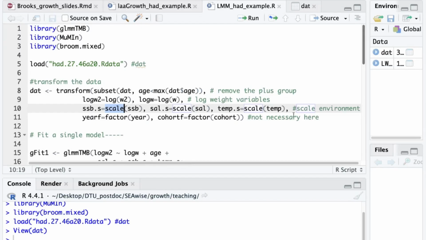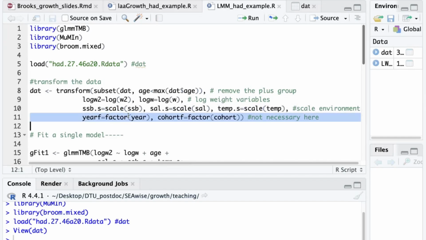But to be able to do the processes that Bernard showed you, you have to save what the mean and variance were so you can get back to the original scale. It's just good to save those. I haven't done that in this example, but you would want to in a real study.